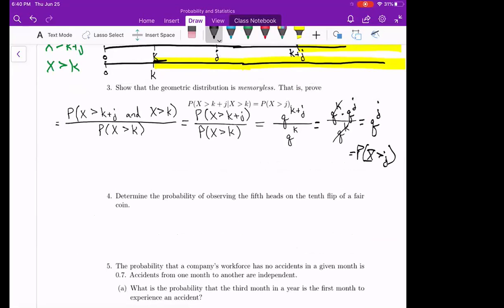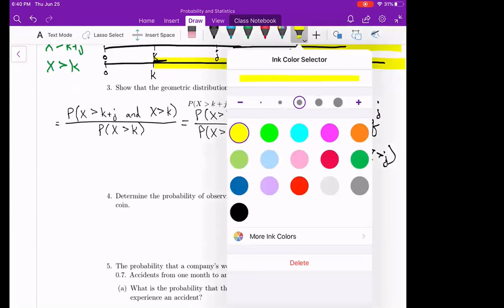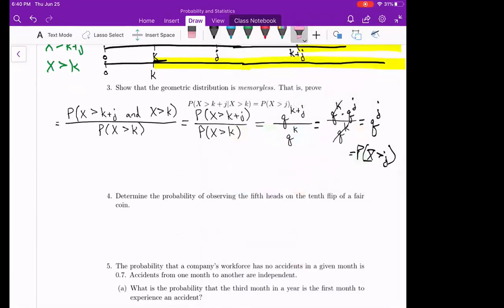So just to reiterate, I started with the left side here. The conditional probability is this statement. The numerator, I was able to deduce, if the probability of x being greater than k plus j and greater than k, the only thing they have in common is x is greater than k plus j, which is how I got to the second step.